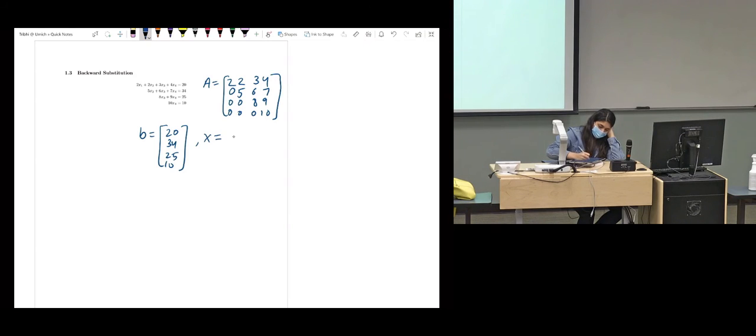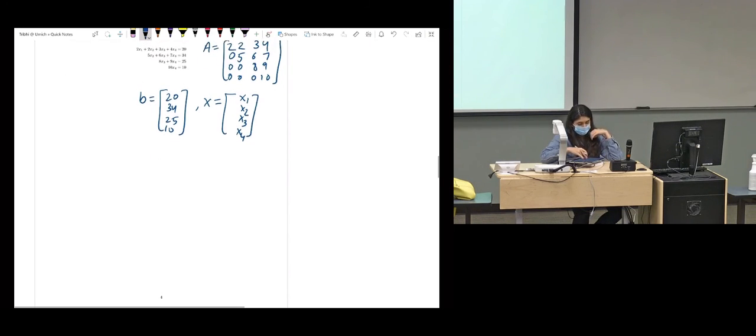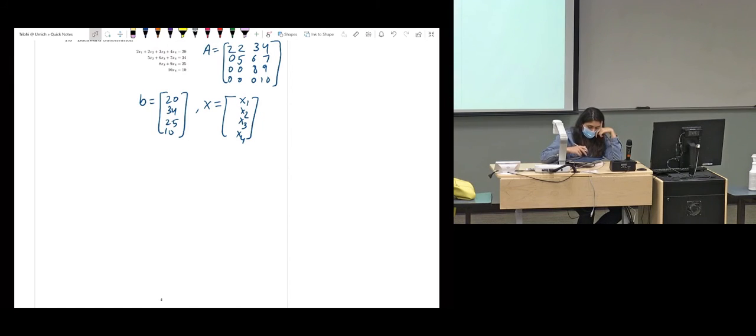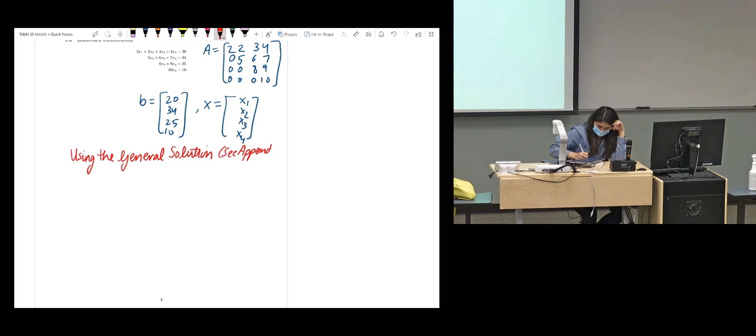And my X was X1, X2, X3, X4. What I want to do is find all of these x's. From our formula, which you find in the appendix, I'm just going to write: using the general solution, see appendix.